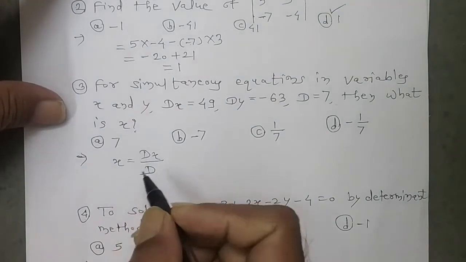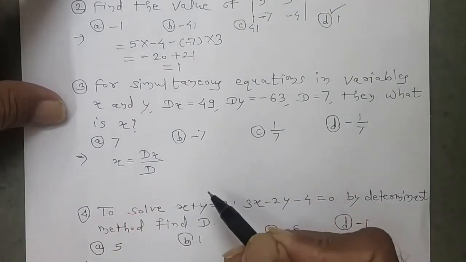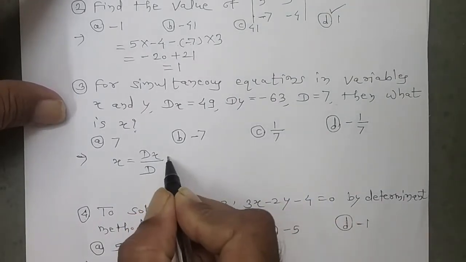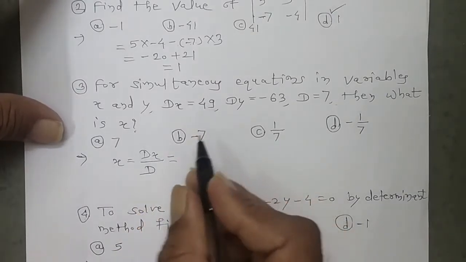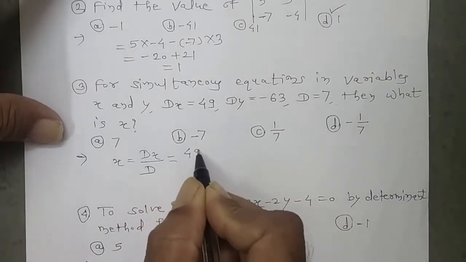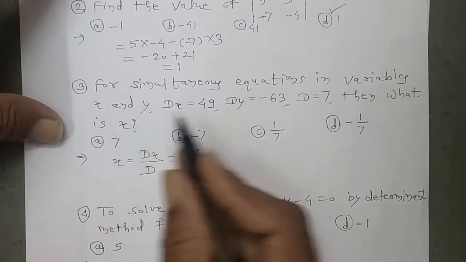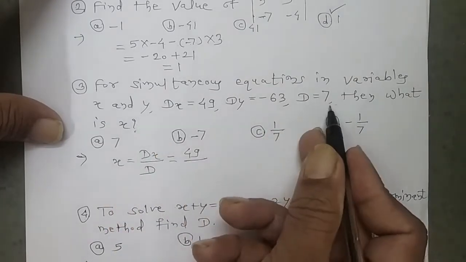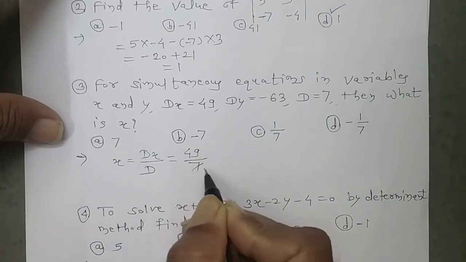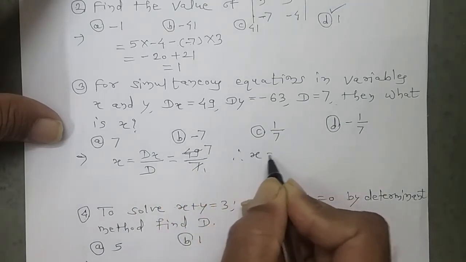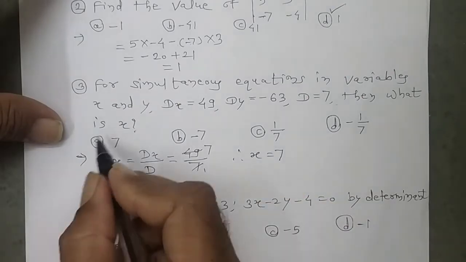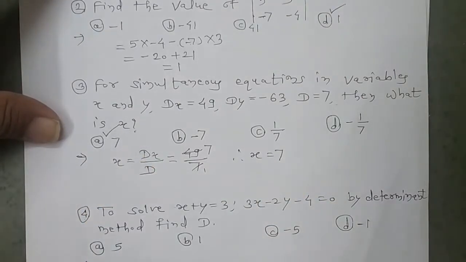And what is the value of y? dy upon d. Here x is equal to dx upon d. Put value of dx is 49, divided by d is 7. Dividing by 7, 7. Therefore, x is equal to 7. Correct answer is A.